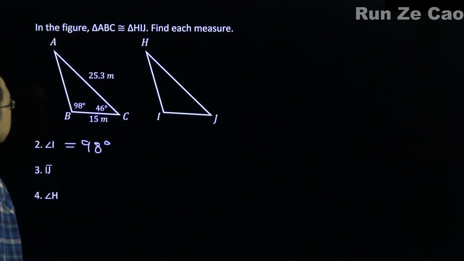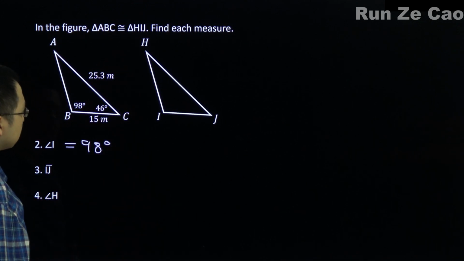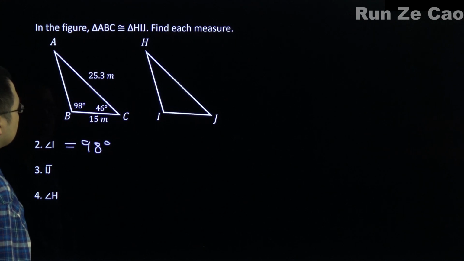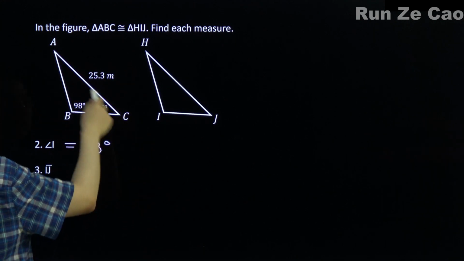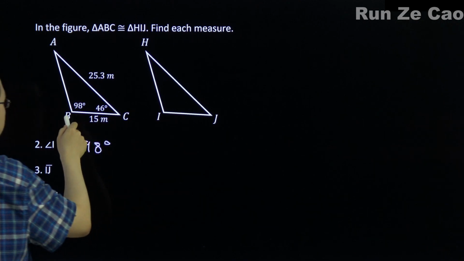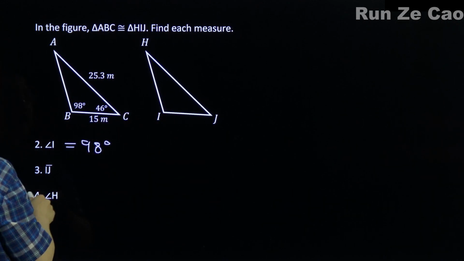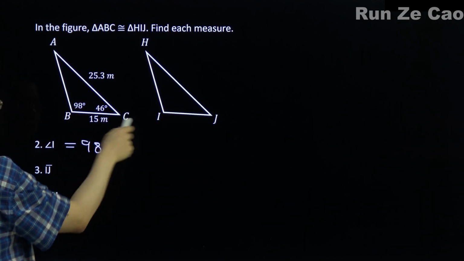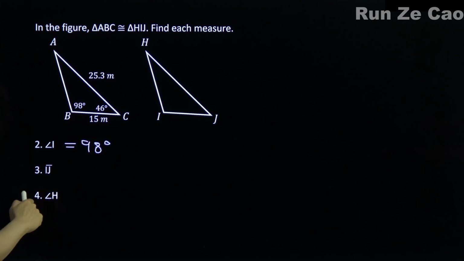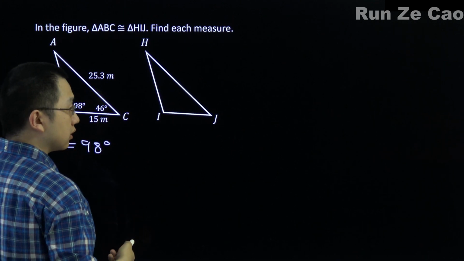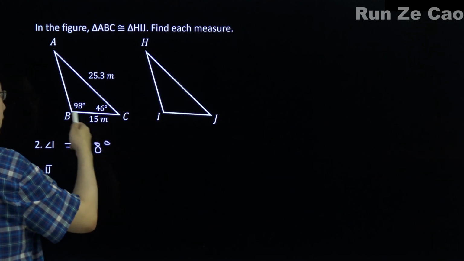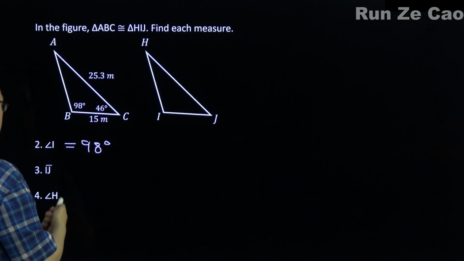But I'm pretty sure you don't actually get into that much geometric notation until rather later. So for now, we're going to look at these. Oh, these are congruent. Okay, so angle B corresponds to angle I, thus they are equal because the shapes are congruent. And angle I is 98 degrees.